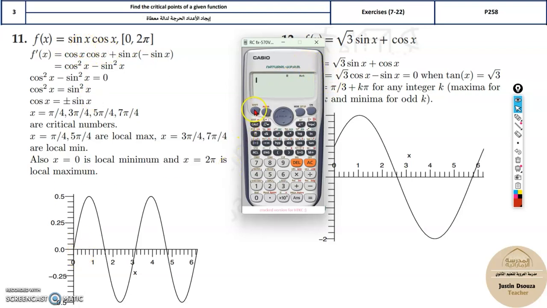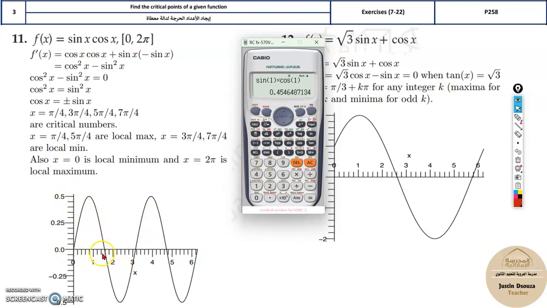You should change it to radian, that is by shift, mode, and 4. Now it's in radian mode. Now put sine, x value is 1, close the bracket. Multiply it with cos, 1, close the bracket. And now when you press equal to, you'll get 0.45. If you look closely over here, it is around 0.45-ish. So that is the thing.